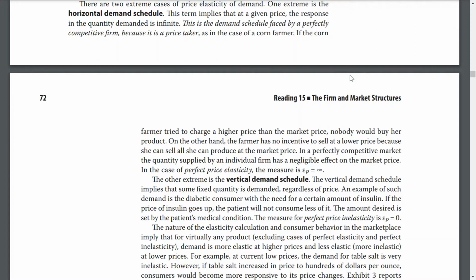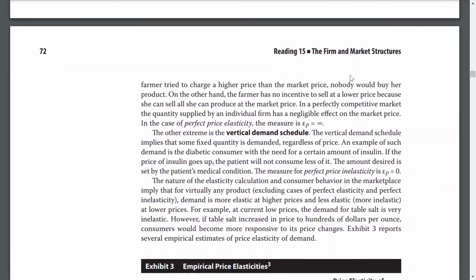If the corn farmer tries to charge a higher price than the market price, nobody would buy her products. On the other hand, she has no incentive to sell at a lower price because she can sell all she can produce at the market price. In a perfectly competitive market, the quantity supplied by an individual firm has a negligible effect on the market price. In the case of perfect competition, the elasticity measures EP equals infinity.